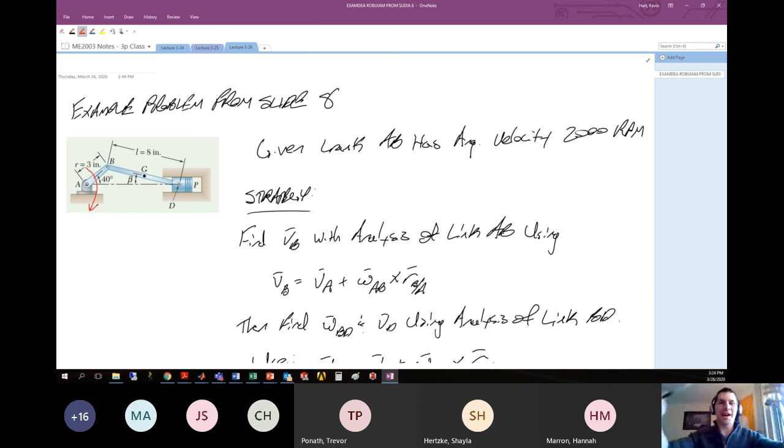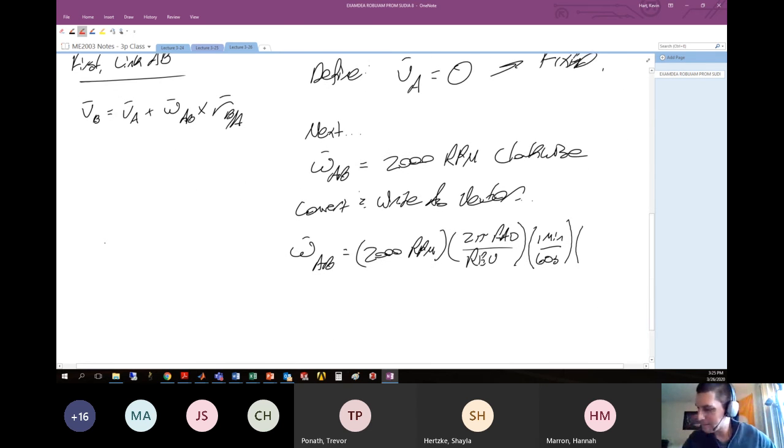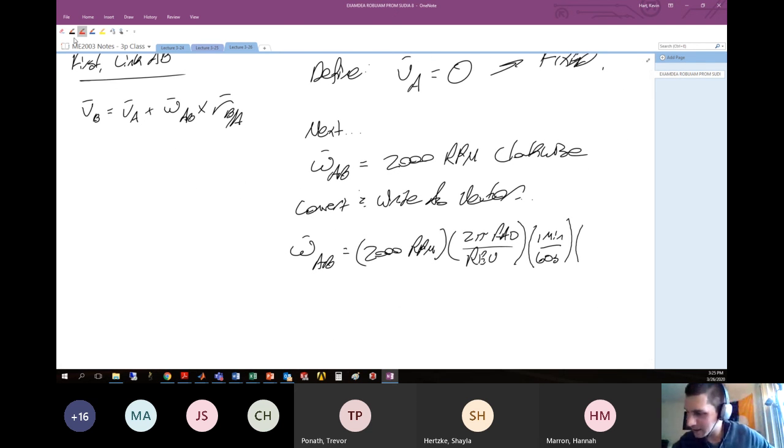But anyways, we know that clockwise motion is going to be a negative rotation for us, so clockwise motion is going to be negative k hat. That's the direction that we have for our angular velocity vector.